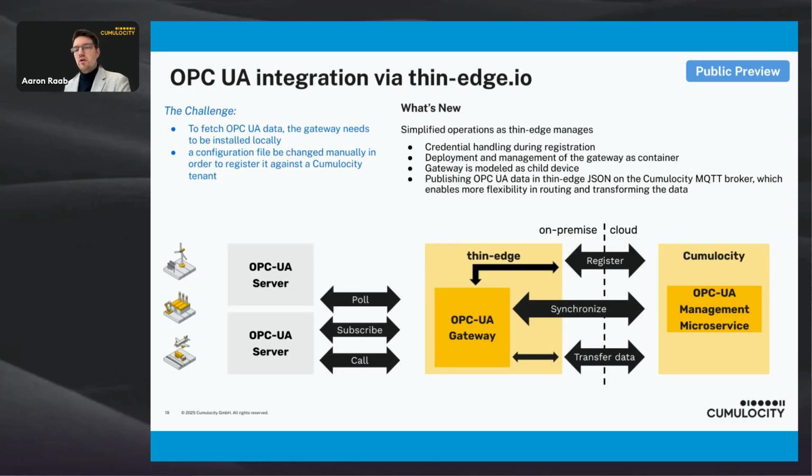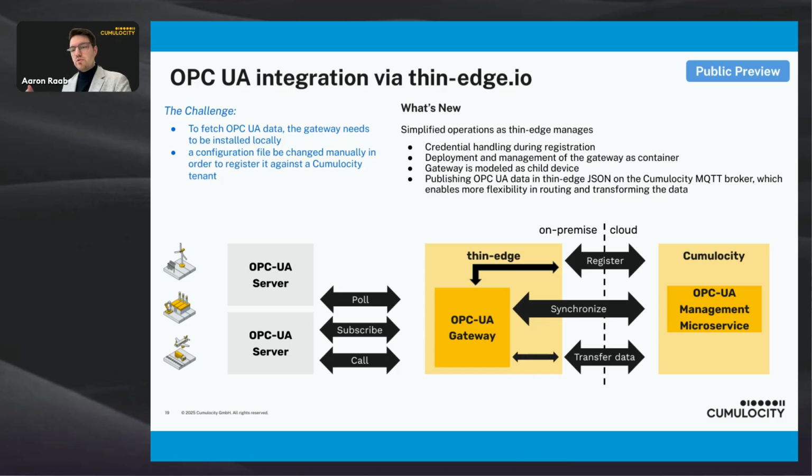We also now have the OPC UA integration via ThinEdge as the next public preview. So in the past, we used to have the OPC UA as a standalone component, the gateway part that needed to be deployed on site to connect to your OPC UA servers.